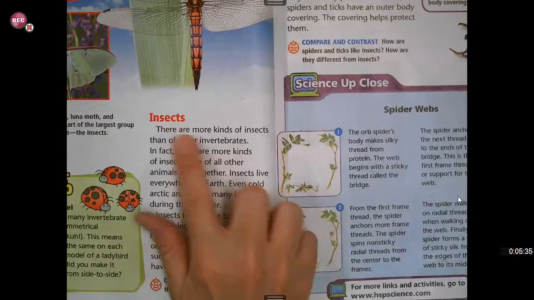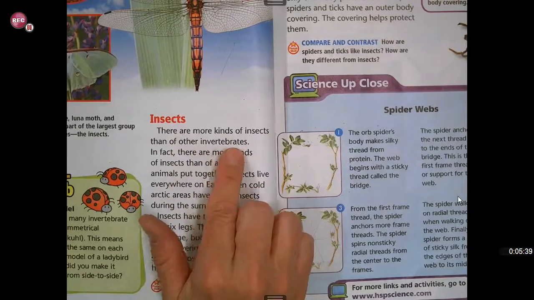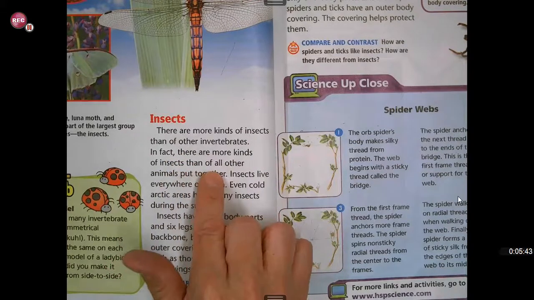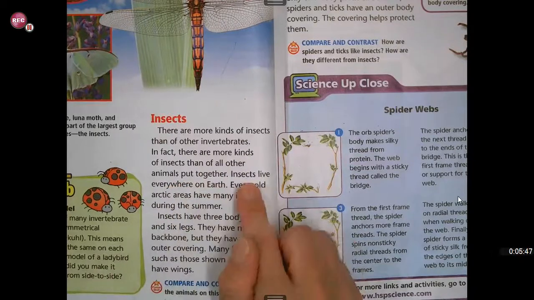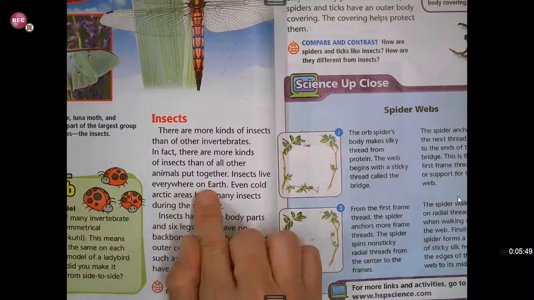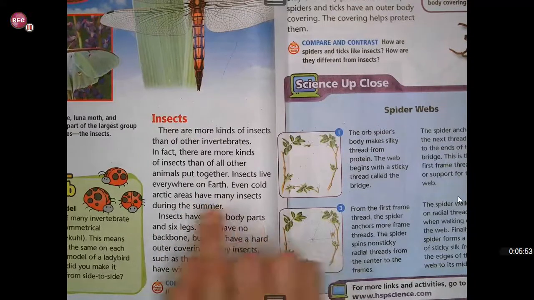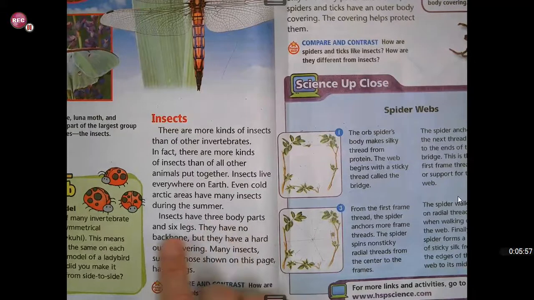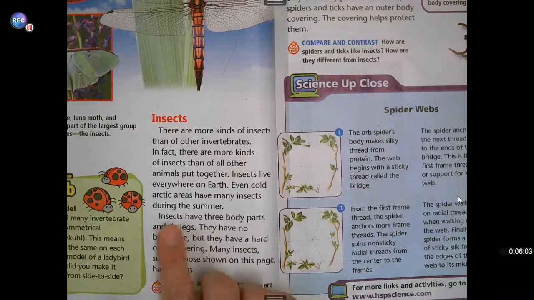Insects. There are more kinds of insects than of other invertebrates. In fact, there are more kinds of insects than of all other animals put together. Insects live everywhere on Earth. Even cold Arctic areas have many insects during the summer. Insects have 3 body parts and 6 legs. So let me read that again because that is a trait of an insect.